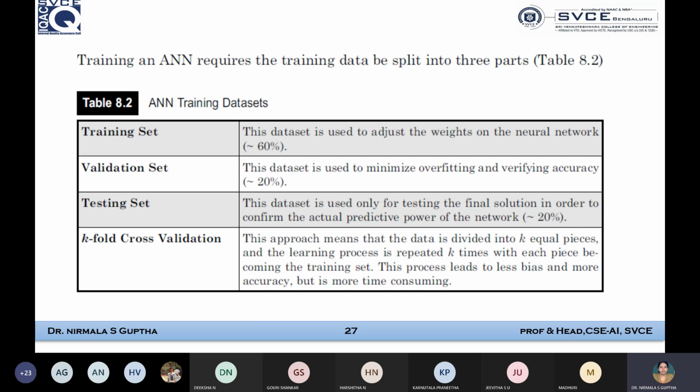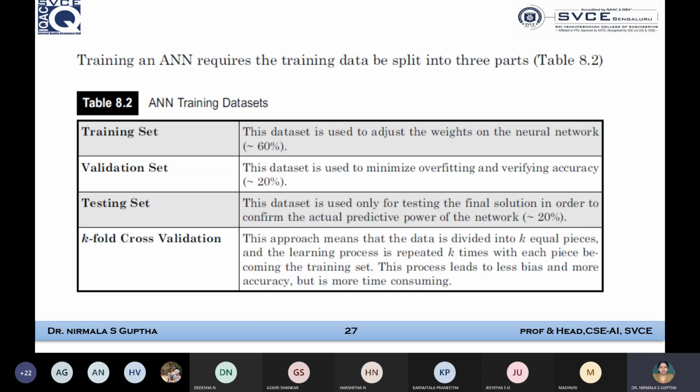The training data set is used to adjust the weights on the neural network, approximately 60%. The next part of the split is called the validation set. This validation set is the data set used to minimize overfitting and verify the accuracy, approximately 20%.